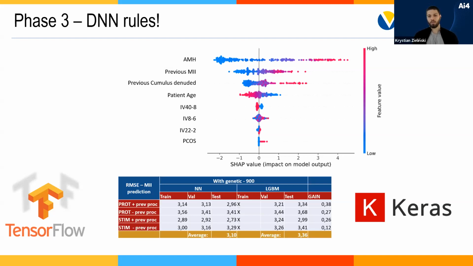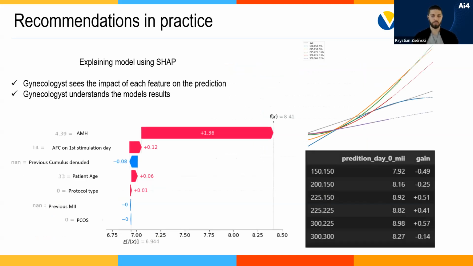So we have the model that can predict the number of M2s, but how did we actually use it in practice? Thanks to the Shapley values, we were able to provide doctors with explainable results of the model.